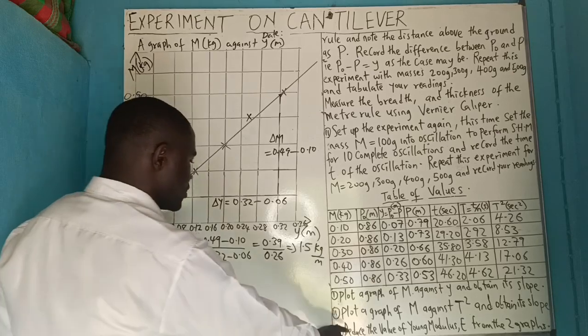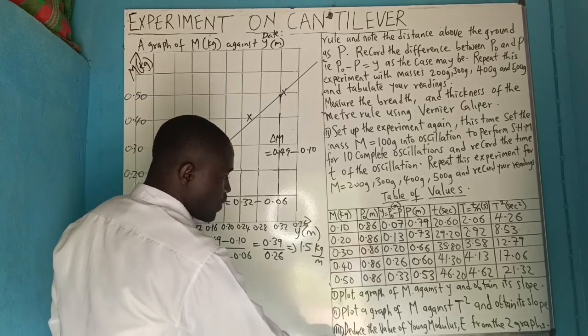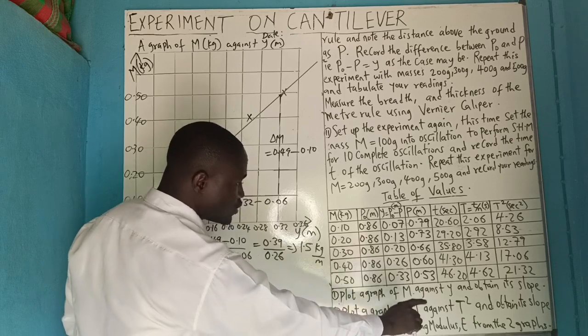Now, because they say deduce the value of Young modulus E from the two graphs.